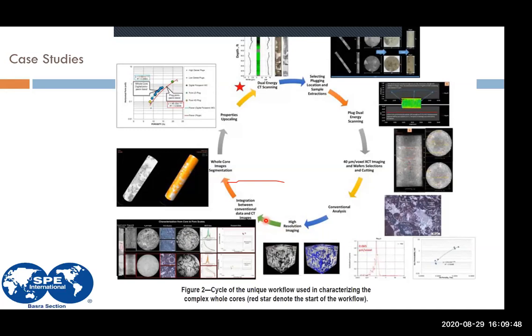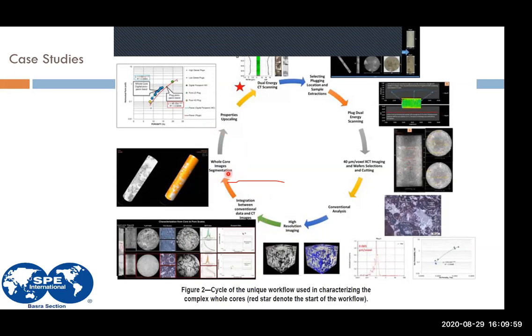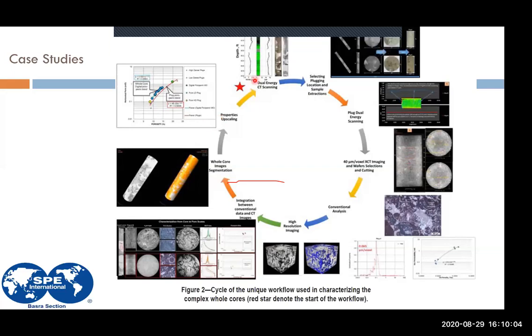So we're going to use this multi-scale, multi-resolution approach. We're going to use some trends to correlate the K-phi behavior, and then based on these properties, try to scale for the whole core, the whole section. This is the complete workflow, ranging the digital rock approach.